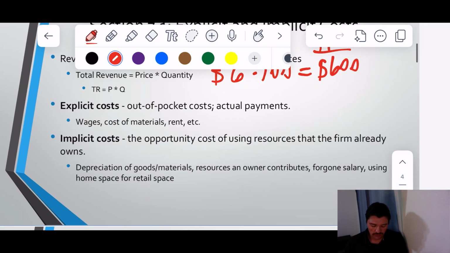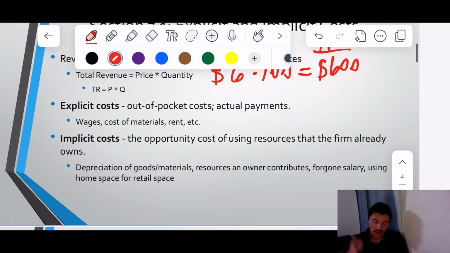Now, we do have to look at the cost of making those goods and services. So after we make our revenue, pay out our costs, we can then gain our profit after that. There are two types of costs that we consider in economics. The first one is explicit costs. These are the out-of-pocket actual payments for things.